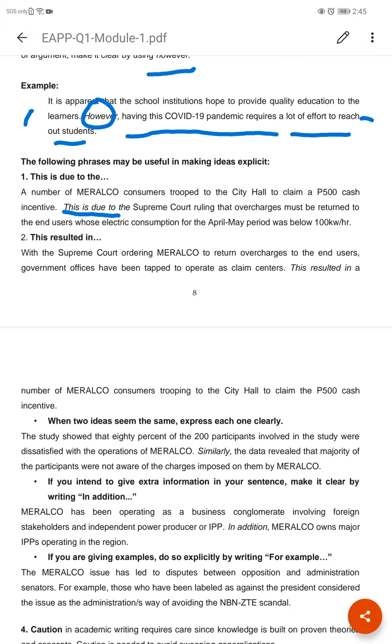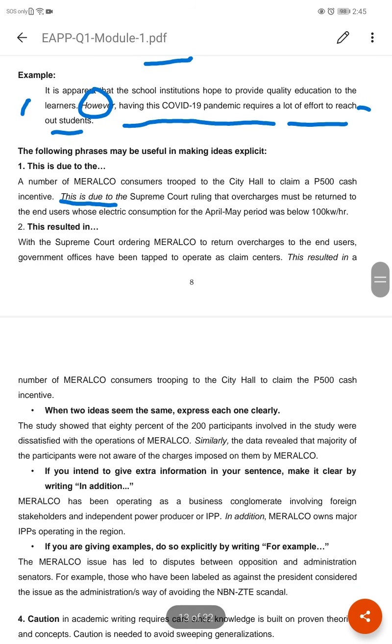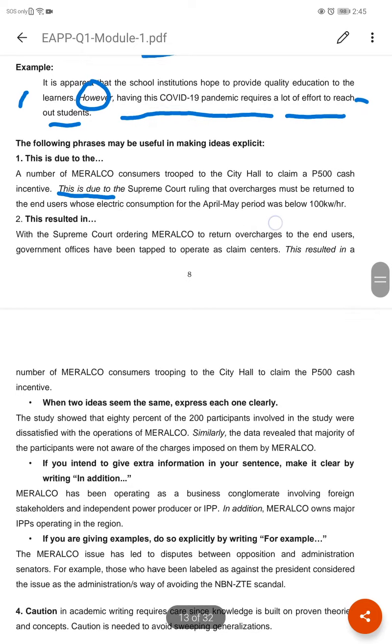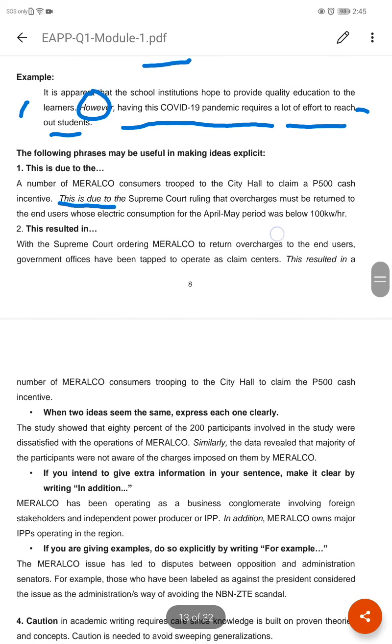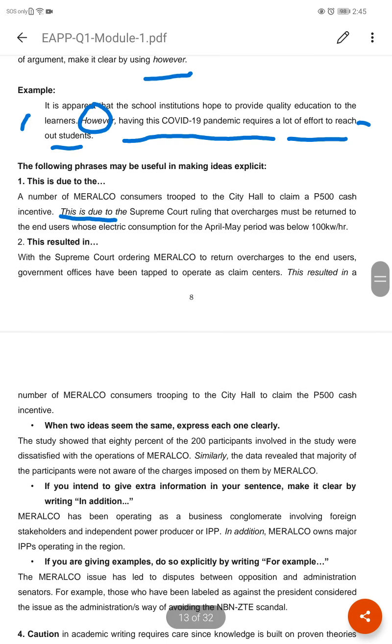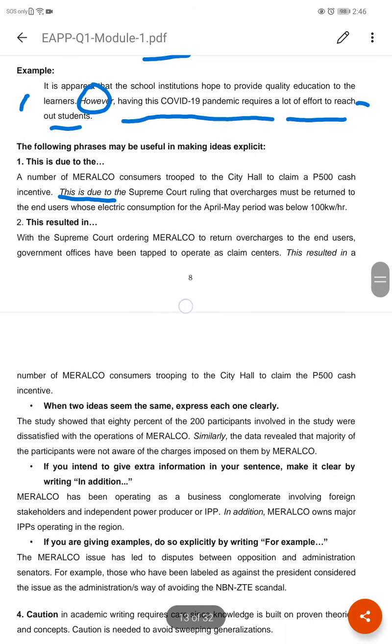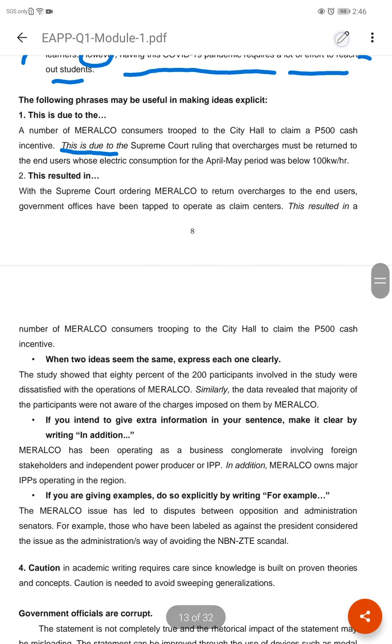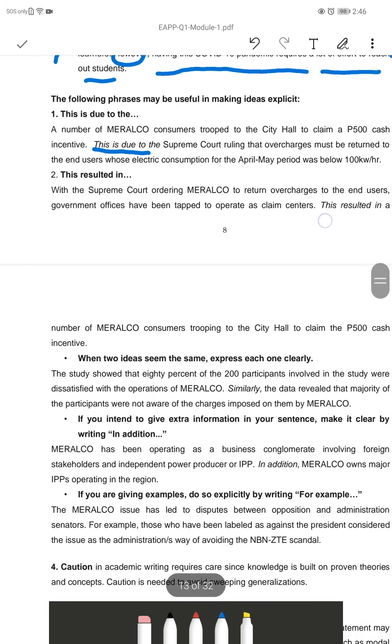So, the message initially was a number of Meralco consumers trooped. Marami daw consumers ng Meralco ang pumunta sa City Hall to claim their 500 pesos in cash incentive. And to explain that further, this is due to, meaning this is because of the Supreme Court ruling that overcharges and so on. Okay? Same goes with the others. So we have here this resulted in.